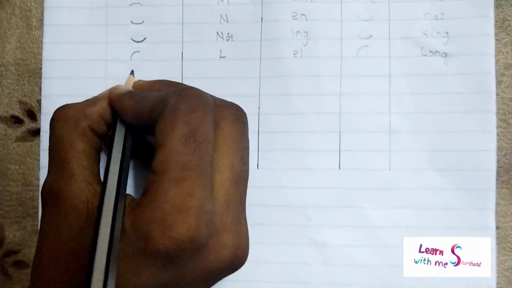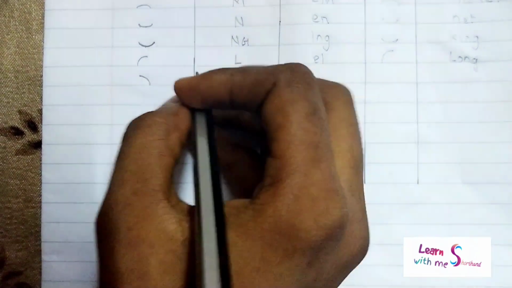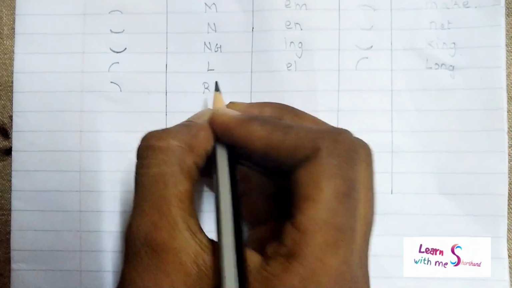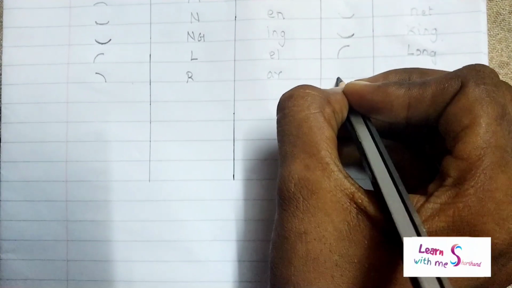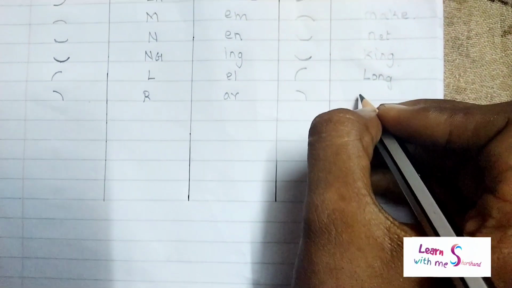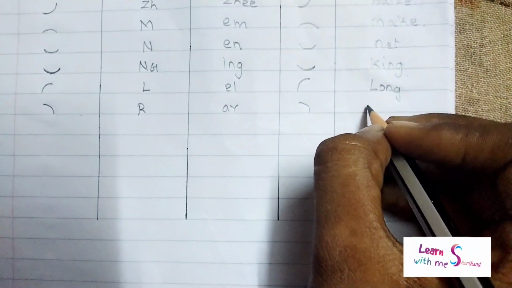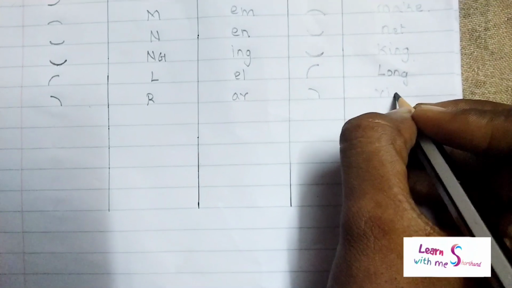Next is ar. The letter is ar and the pronunciation is also ar, and the direction is left up to right down. Example word for ar is right.